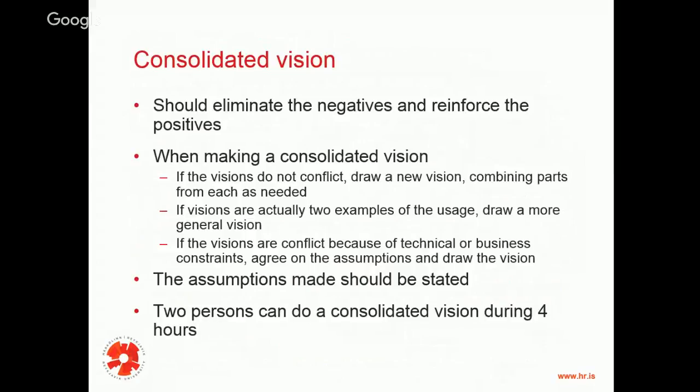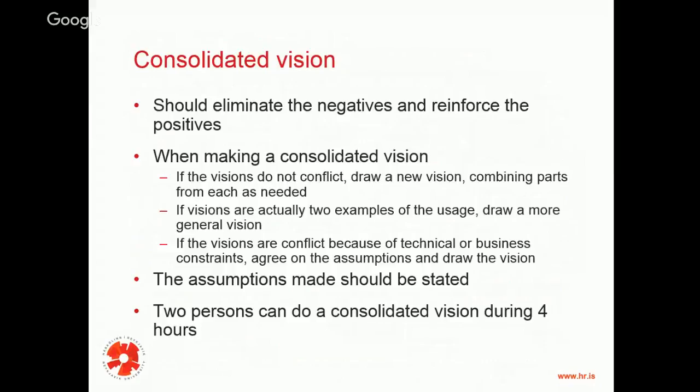For the consolidated vision, you make a new vision that combines parts from each of the other versions, and you can combine some ideas from the visions. You should also write the assumptions that you have, so you could write a text that describes that.